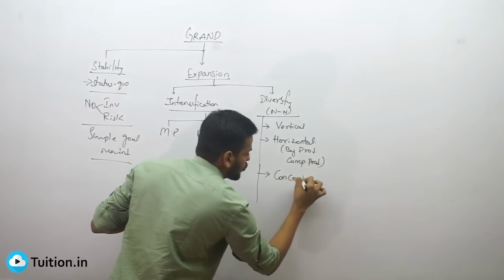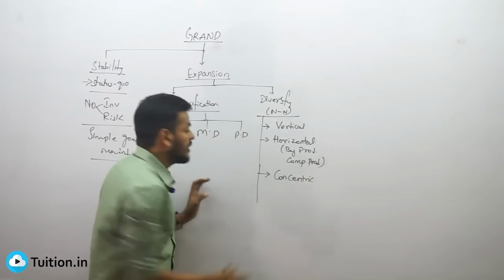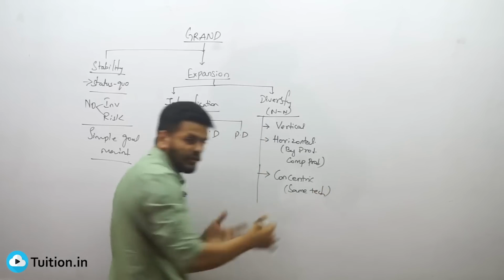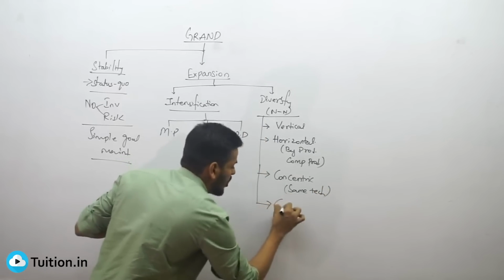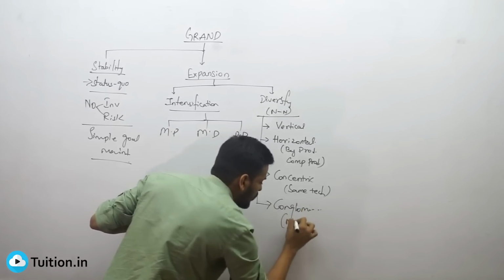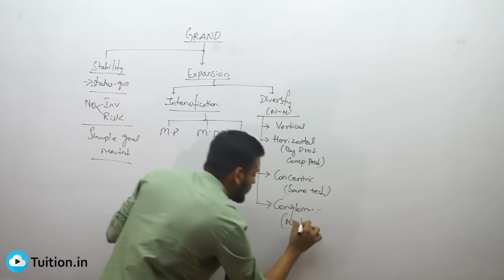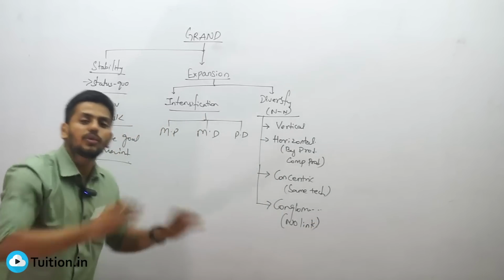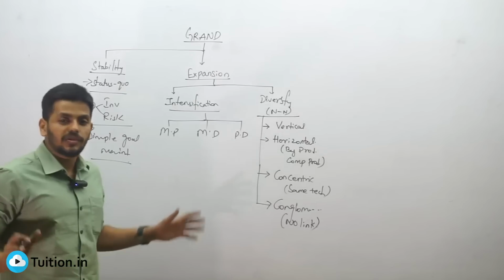What is concentric diversification, guys? It is about the same technology or same process. And the last one is conglomerate, where there is no linkage, no link between your existing products and new products, absolutely completely new business you are diversifying into, right?